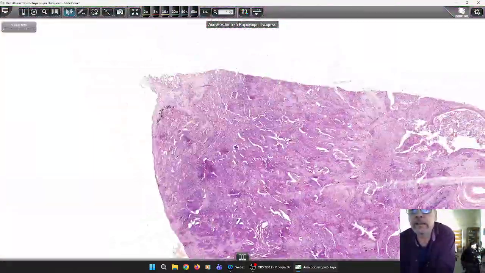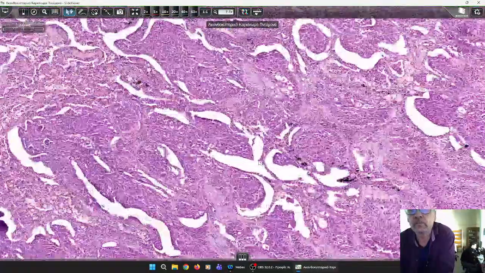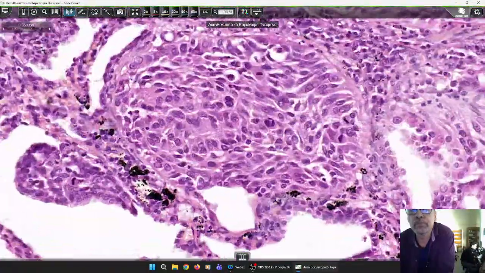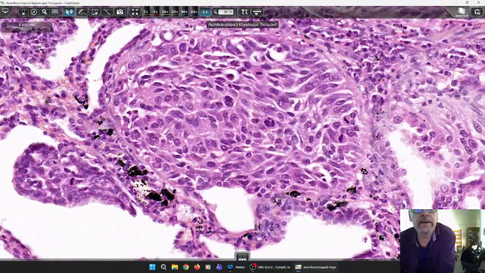Do we see keratin any place? You see here that we do not see keratin, but we see a sufficient amount of pink cytoplasm. This is carbon, this one. It's irrelevant to cancer. You see that it has pink cytoplasm.